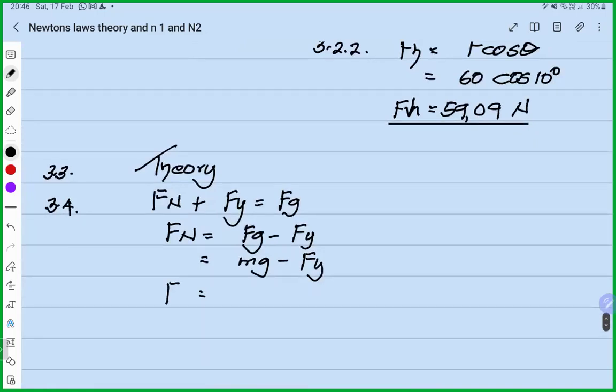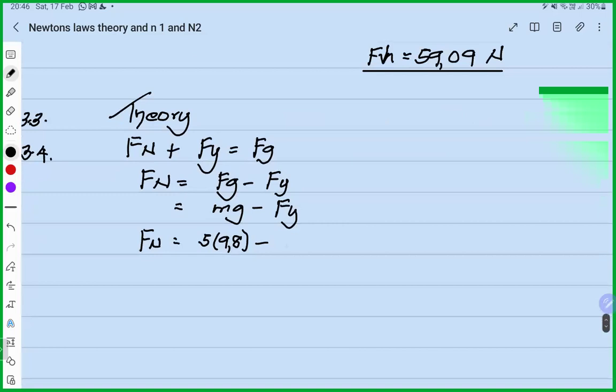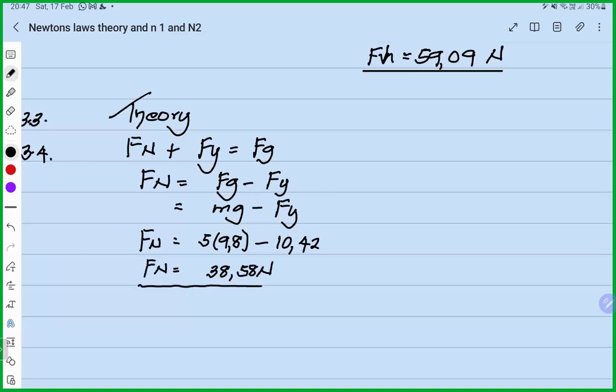So your normal, 5 times 9.8 minus the Y component, 10.42. 38.58. Yes, sir. And again, they just wanted the magnitude.